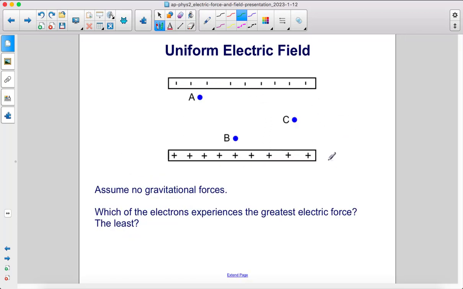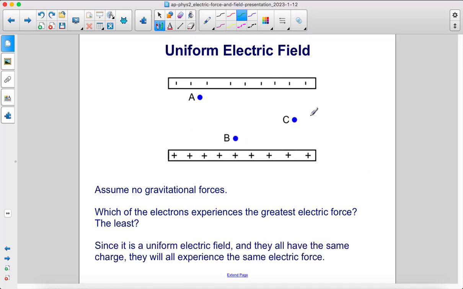We'll assume no gravitational forces. Which of these electrons experiences the greatest electric force? Which one experiences the least? Since this is a uniform electric field and they all have the same charge, they will all experience the same electric force. Remember, electric field equals force per charge.